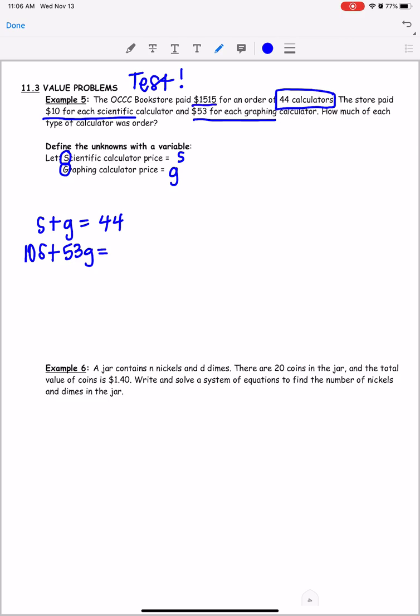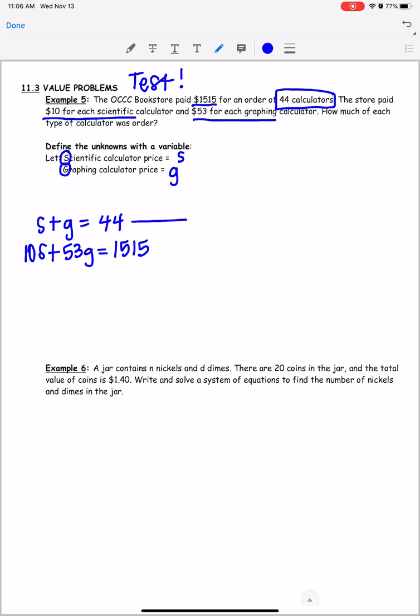I spent $1,515. So one equation has to do with the amount and one has to do with the money. Now solve. You can solve by substitution or by elimination. We'll do this first one by substitution, and we'll do the bottom one by elimination.